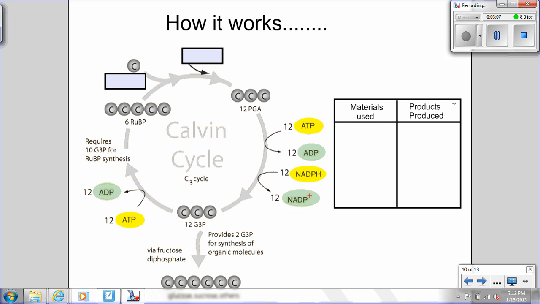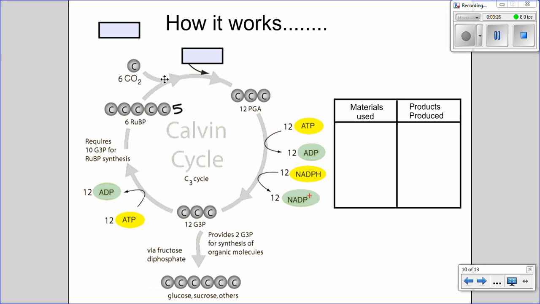To start the Kelvin cycle, the RUBP molecule that we discussed, again a 5-carbon molecule, is what starts the reaction. And your carbon dioxide, which is taken up through the stomata of leaves, and there are 6 of them. If you notice, there are 6 RUBP molecules, each having 5 carbons, and there are 6 carbon dioxide molecules. Each carbon dioxide adds its carbon to your RUBP, and another contributor is your H2O.